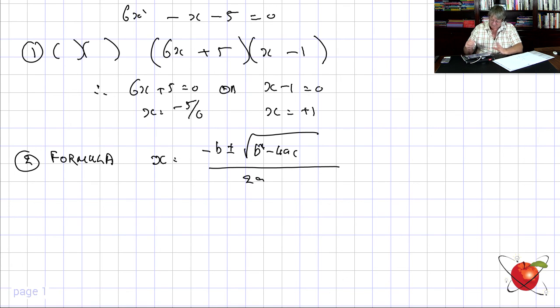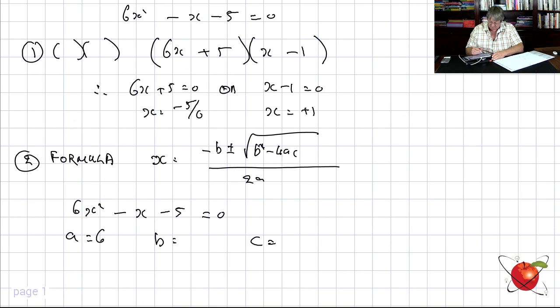Now my trick, my hint to you is to do this. You write your quadratic down: 6x squared minus x minus 5 equals 0. Then take out underneath it a equals, b equals, and c equals: 6, minus 1, minus 5.